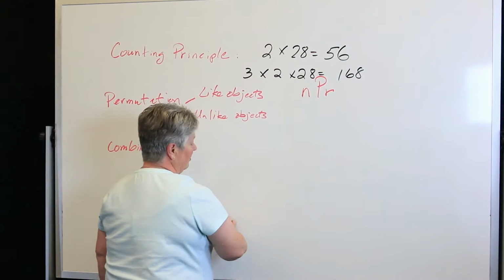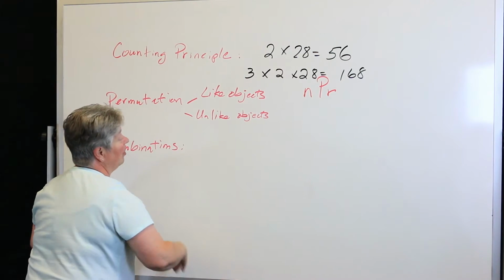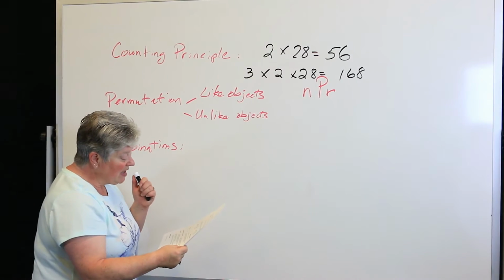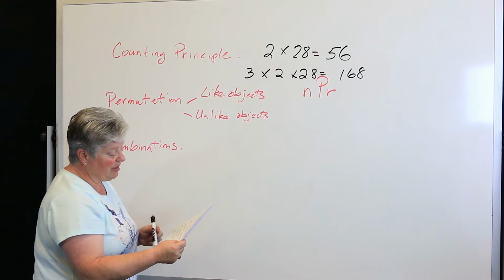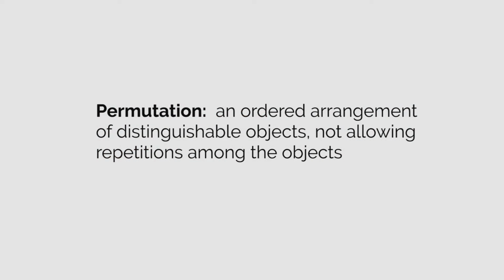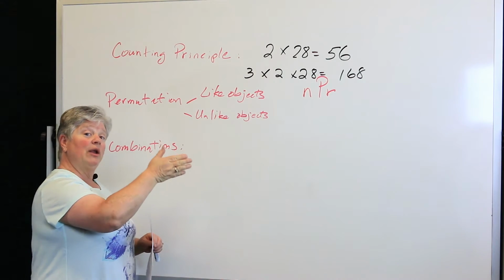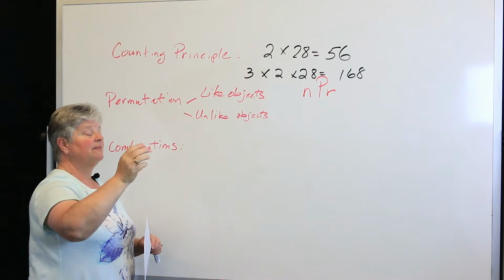I'm not going to be able to use something more than one time. So here's the technical definition of a permutation. It's an ordered arrangement of distinguishable objects, not allowing repetitions among the objects. So we're able to distinguish one object from the next.